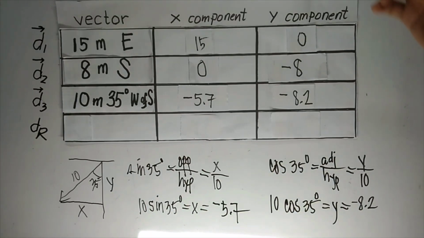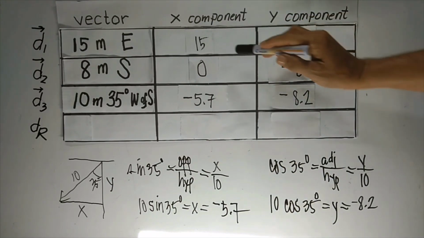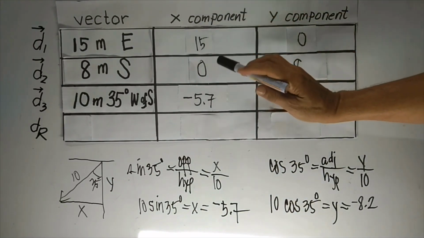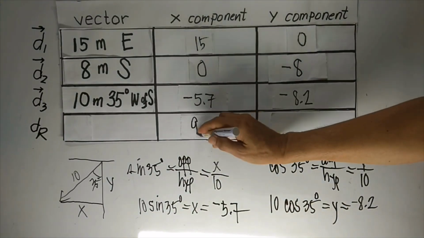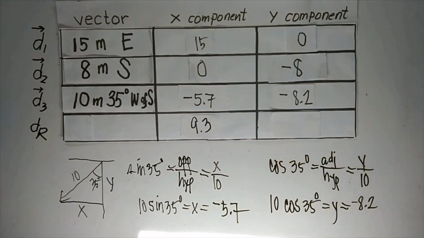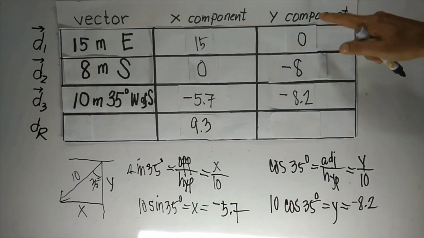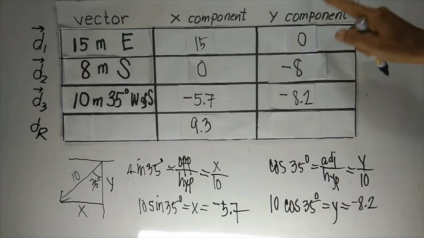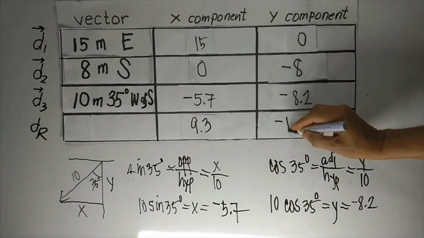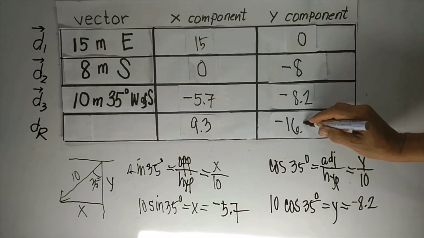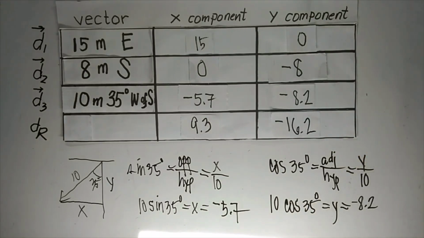To get the summation of the x components, we add 15 plus 0 plus negative 5.7, which gives us 9.3. For the summation of the y components, 0 plus negative 8 plus negative 8.2 gives us negative 16.2.